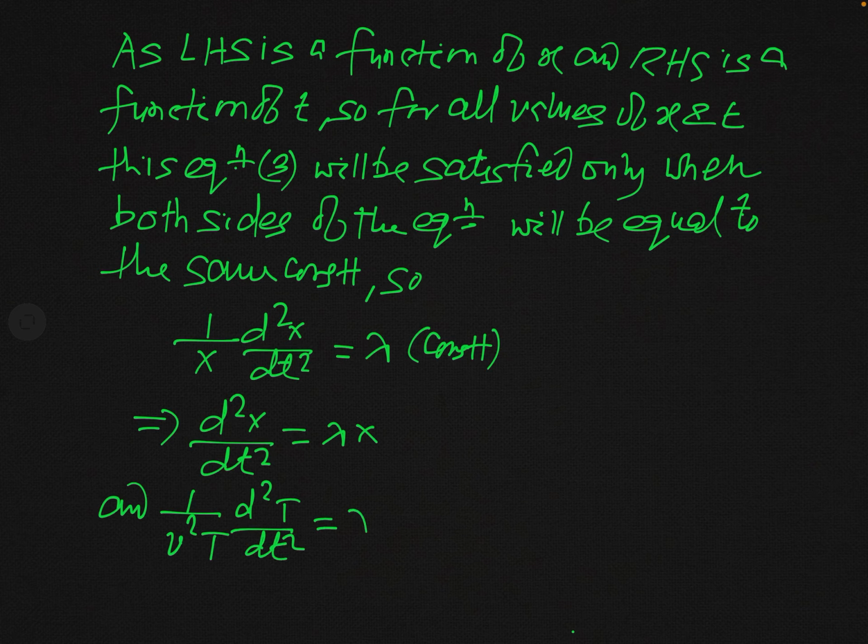This is also equal to lambda, and this implies that this d2t by dt square will be equal to what? This will be v square t times lambda. Say this is equation 4.